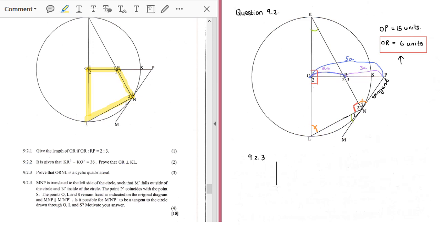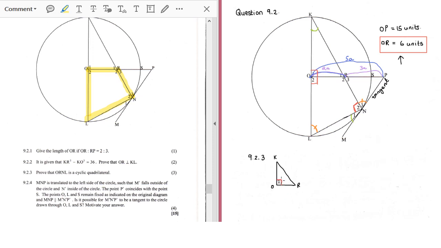I'm talking about the triangle KOR. I'll tell you why I'm saying they're similar: I have two equal angles in two different triangles. I'll tell you what the second triangle is now, and hopefully you can see it yourself as well.